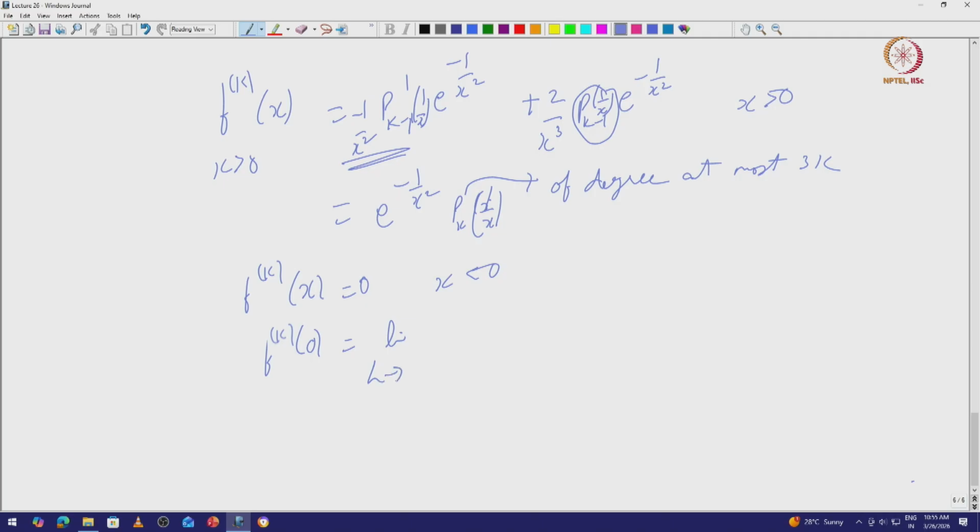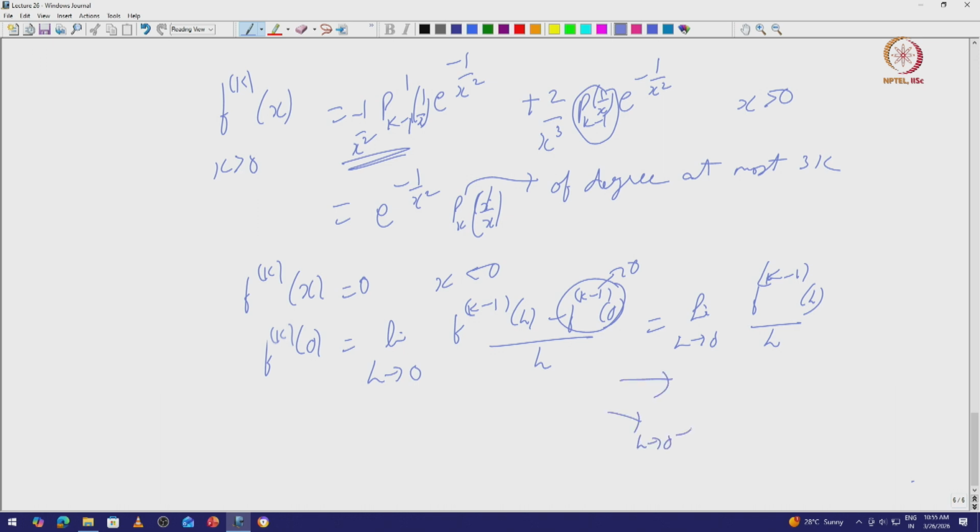This is the limit as h goes to 0 of f_{k minus 1} of h minus f_{k minus 1} of 0, divided by h. This is 0. Right. So again we have the left hand limit and the right hand limit.